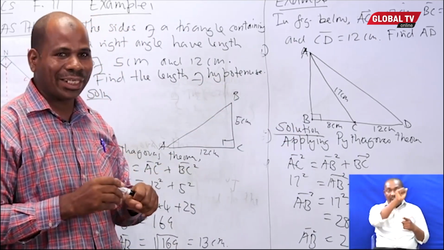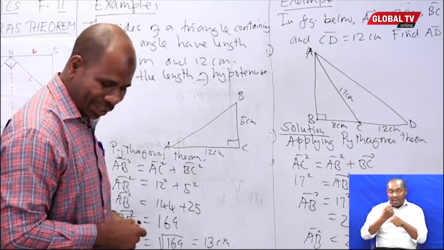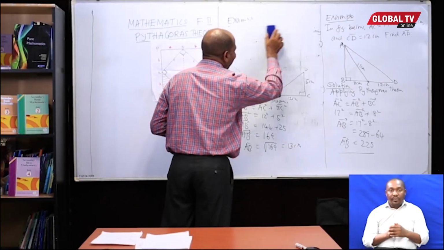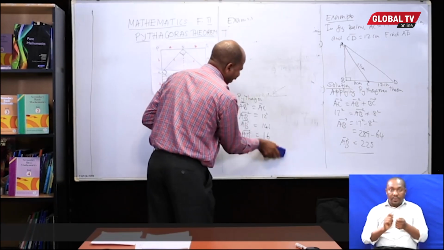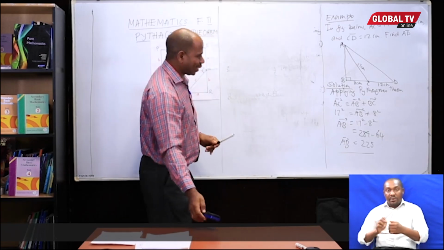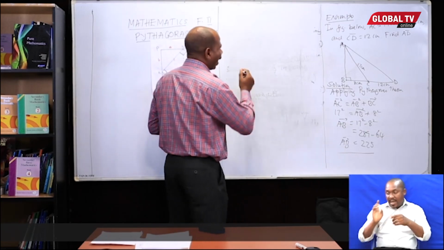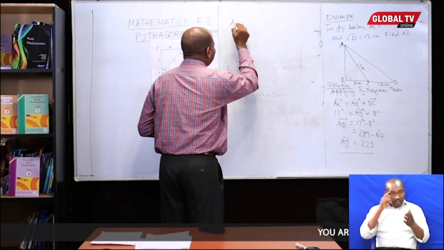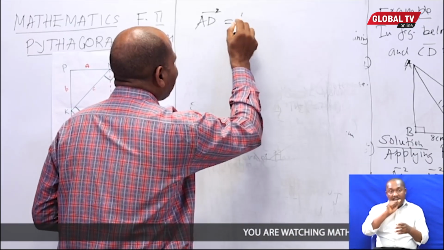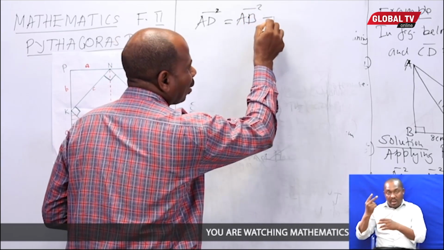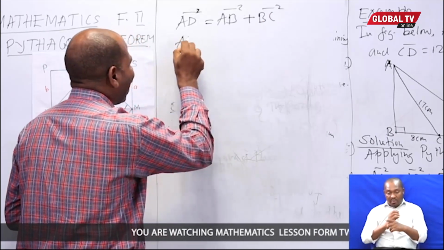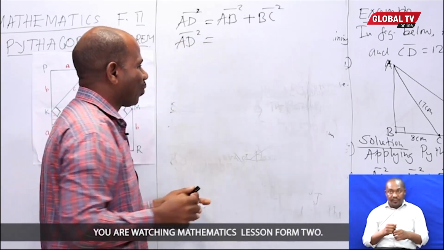But our task is to find the length AD. Now let's work through the second part of the question to find the length AD. Again, we apply Pythagoras theorem, which is AD square is equal to AB square plus BD square.